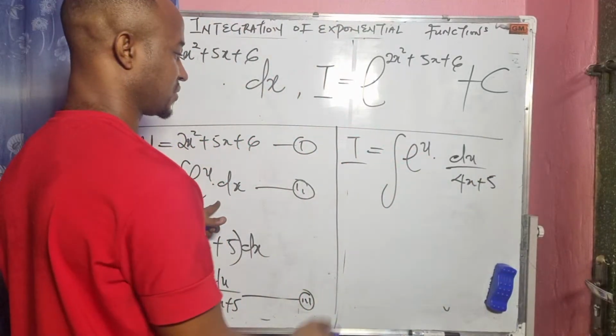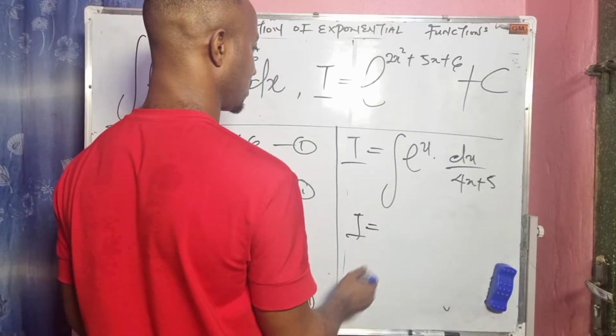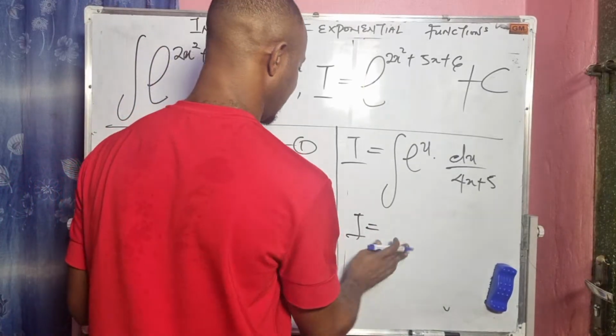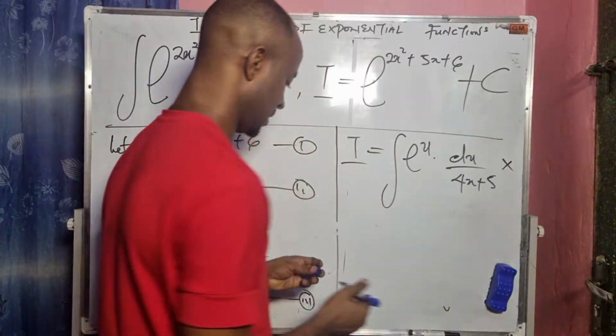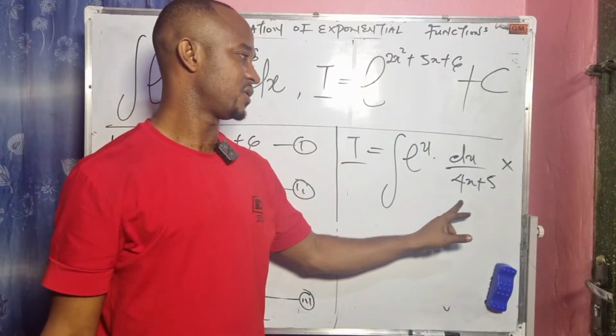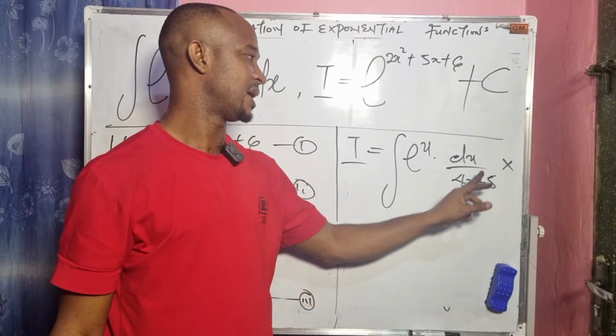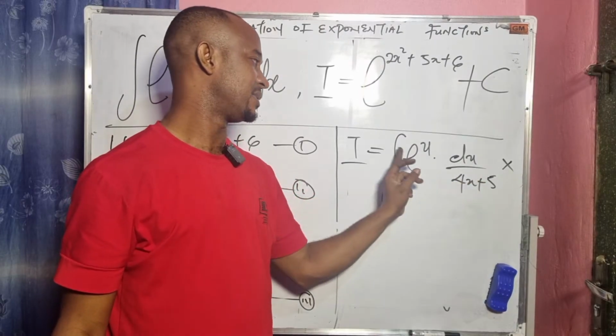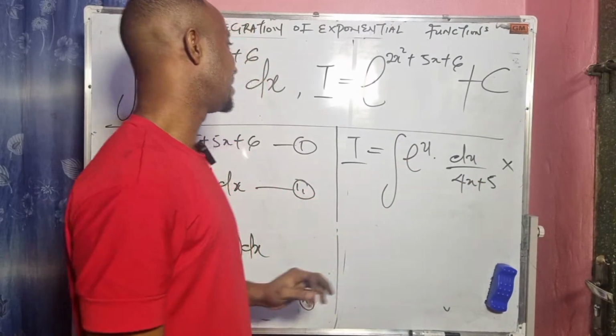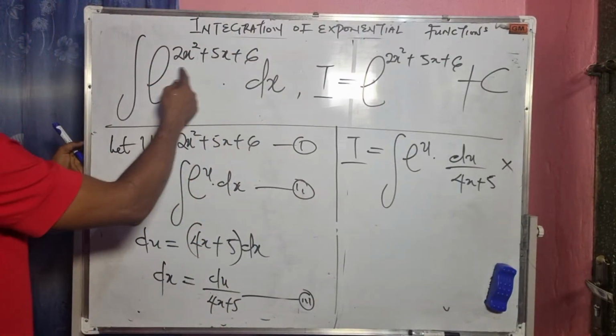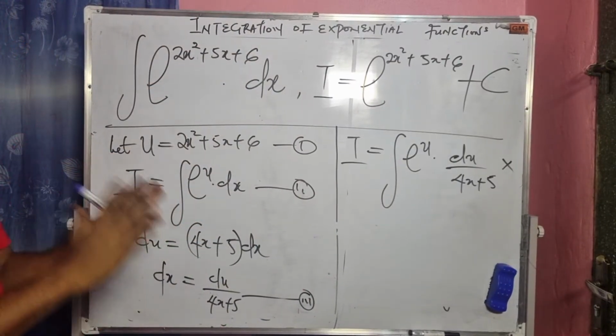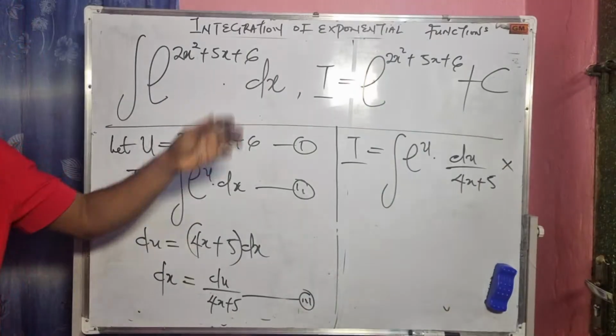Is that clear? I can't continue with this because I have a function with respect to x here and I have du here. There's no term that can cancel out from here. So that means that the integration of every quadratic function remains the same, just like we see.